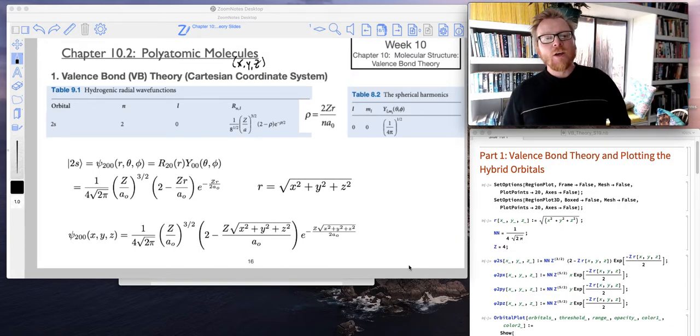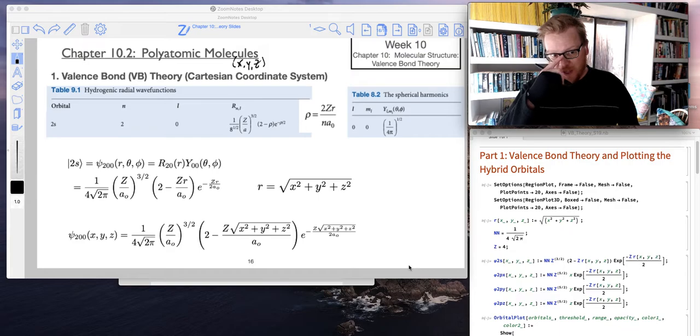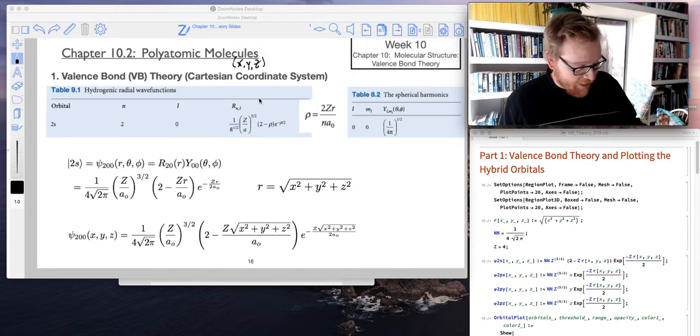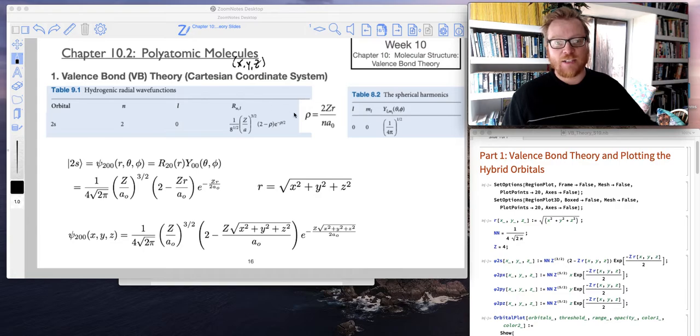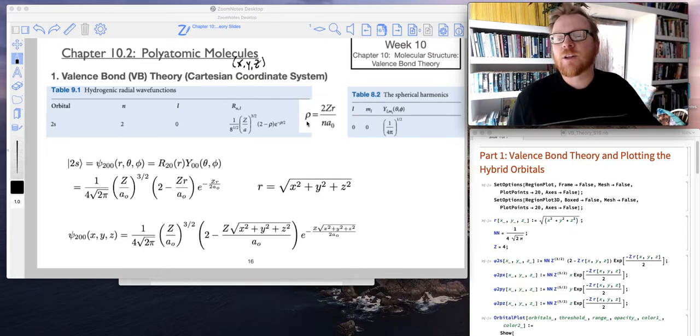What I want to do is walk you through how we're going to transform these wave functions into our XYZ coordinate system, because it's really a matter of convenience for looking at this in XYZ, particularly for valence bond theory and hybridization.